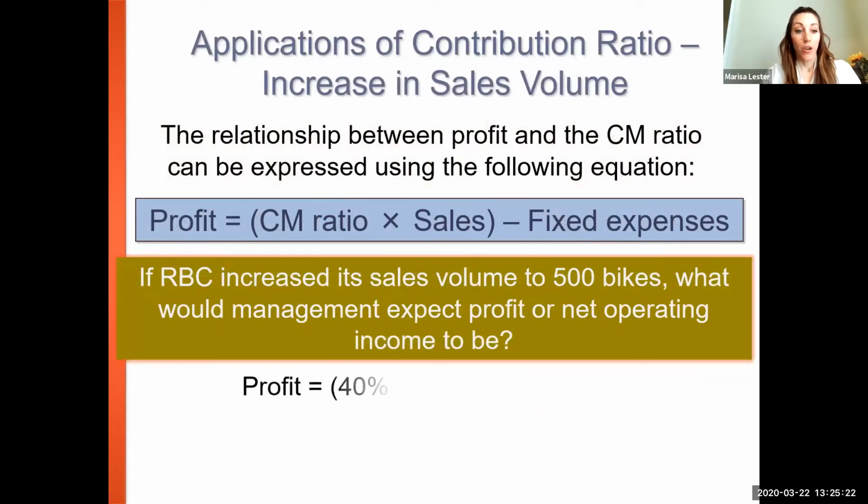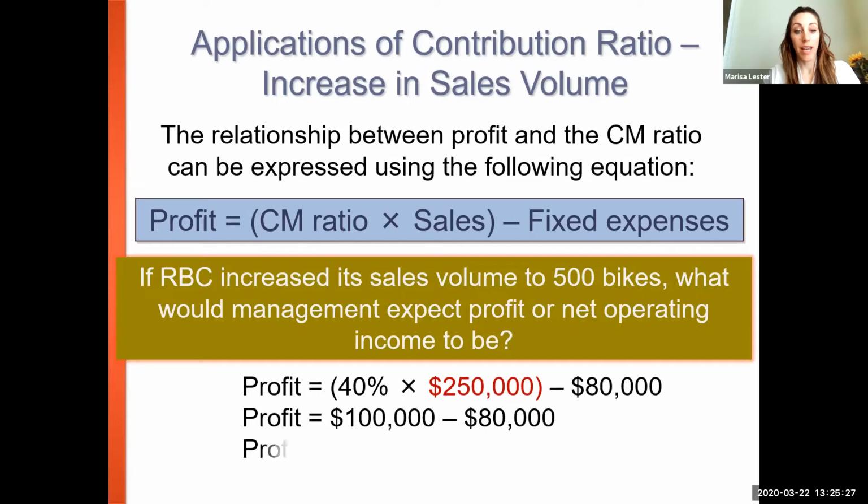Okay, so another application, if you're looking at the equation, right? Anytime we're using CVP, you can make your contribution margin income statement, or you can use your equation. So here's the equation for that additional $50,000 in sales.